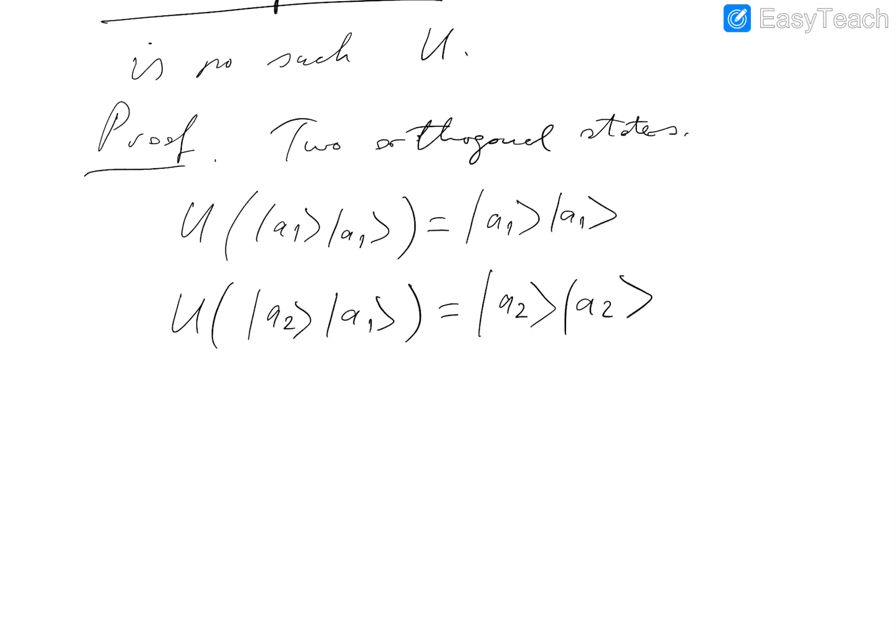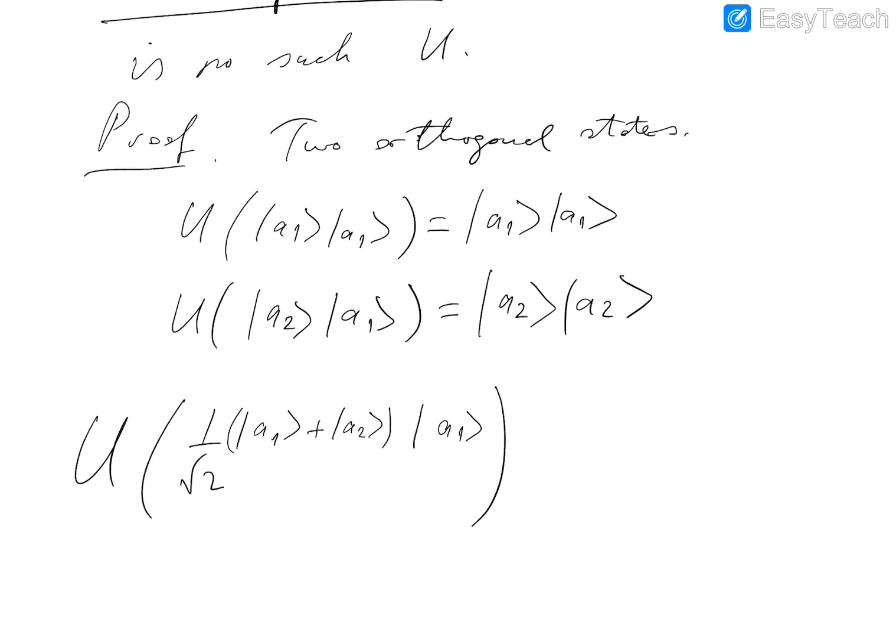Now, if we let the first qubit of U be a superposition of A1 and A2, then U of 1 over square root 2 (A1 plus A2), and the second qubit is A1, the blank sheet state.